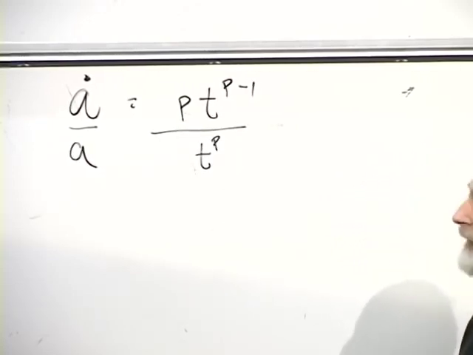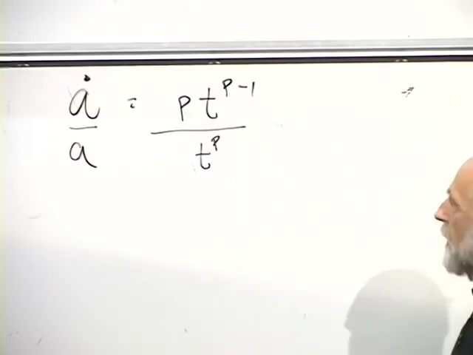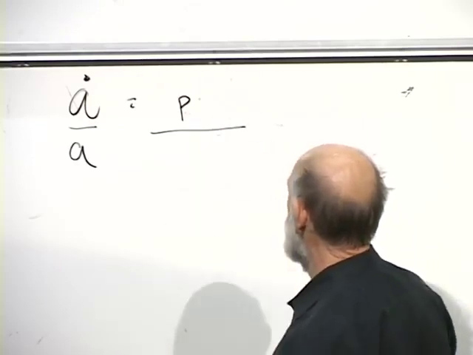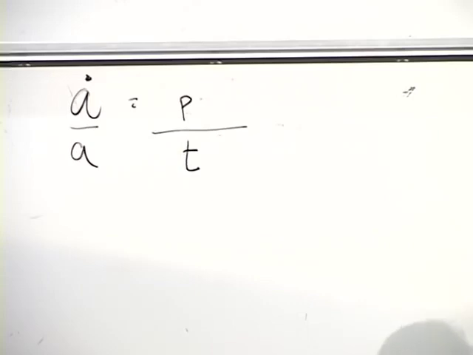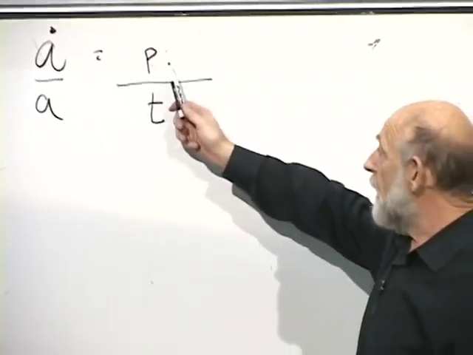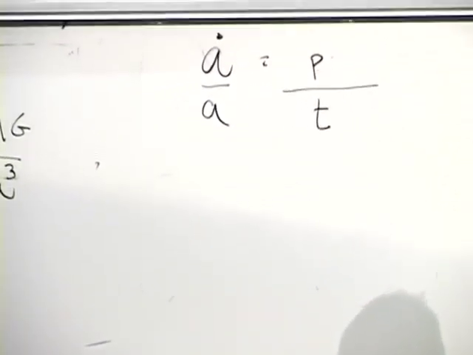The T to the P's cancel, and you're just left with T to the minus 1, which is 1 over T. That's A dot over A. It's always proportional to 1 over T with the power law. The power enters just in the numerator here very simply.